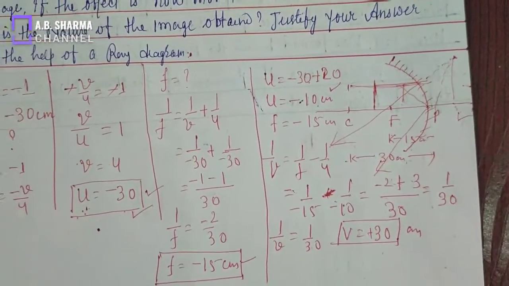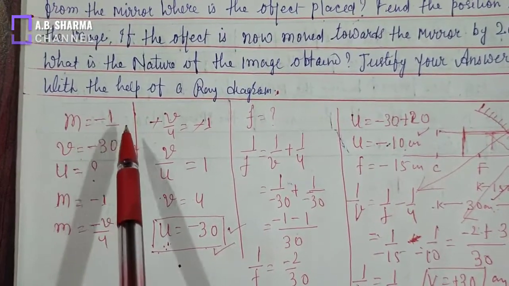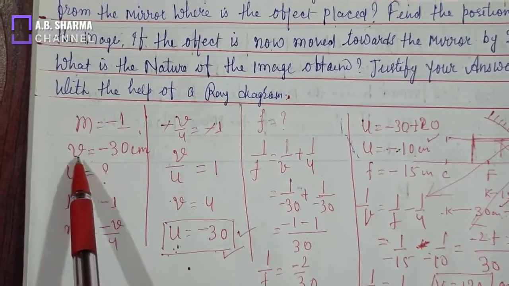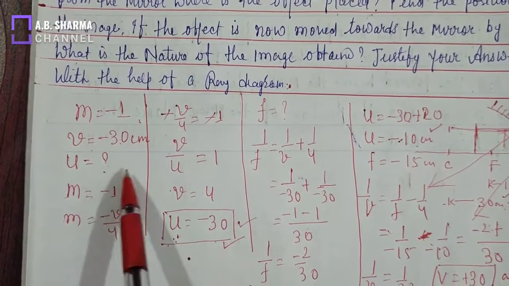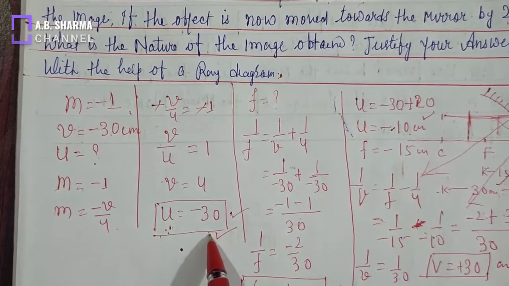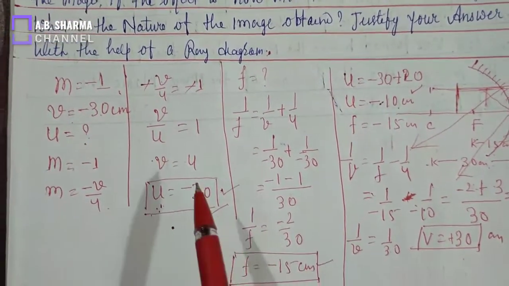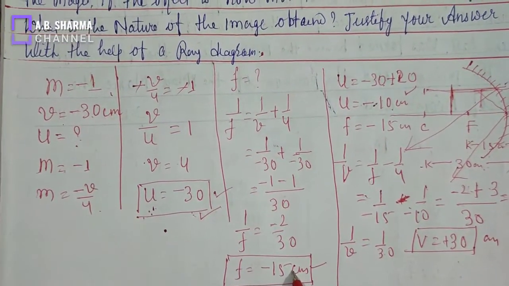This is the answer. In the first part, magnification and image distance are given, and we have to calculate the object distance. By using the formula of magnification, we calculated the object distance. Then, using object distance and image distance, we calculated the focal length.